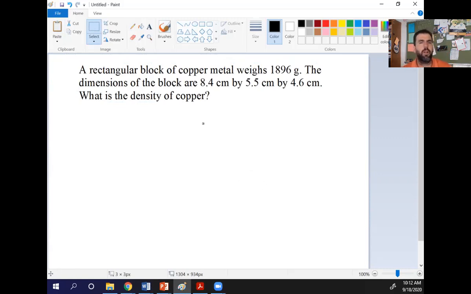A rectangular block of copper weighs 1,896 grams. The dimensions of the block are 8.4 centimeters times 5.5 centimeters times 4.6 centimeters. What's the density of the block? So I'm looking for mass, density, or volume. Density. So density is mass divided by volume.